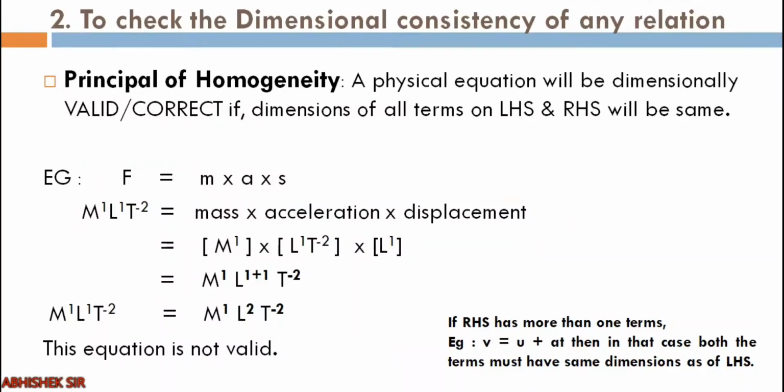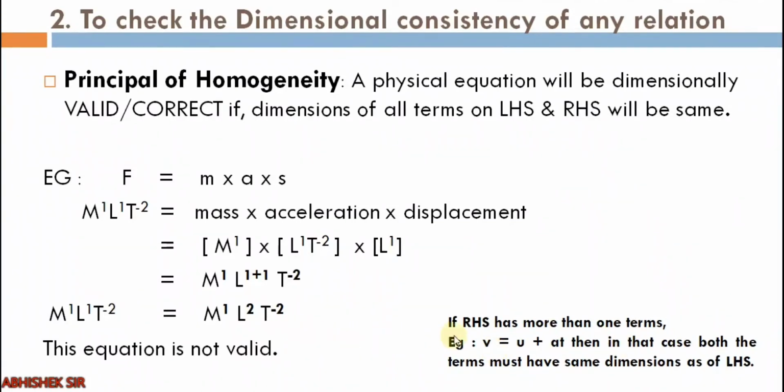Clear? Now one thing you have to take care of: it was F equals m a s, a simple formula. In case RHS has more than one term, like v equals u plus at, right? So over here on the left hand side we have only v, but on the right hand side we have u plus at. That means you have to check the dimensional consistency of all the terms in RHS.